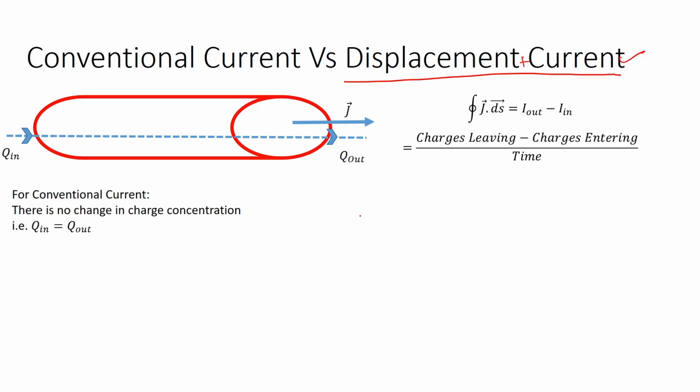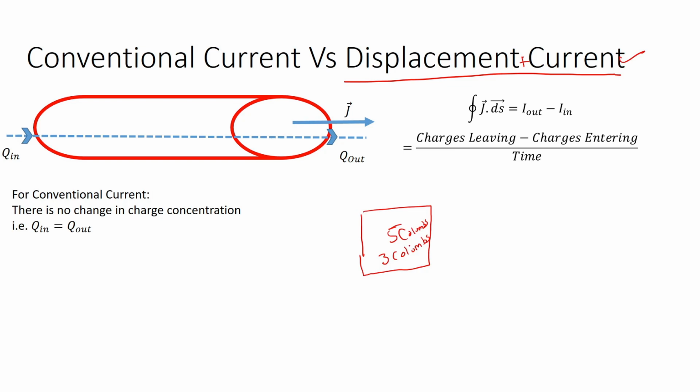You consider a body, and initially there are 5 coulombs of charge inside. Now, for some reason, these charges have gone down and they have come to only 3 coulombs of charge. Let me say, maybe because of electron hole recombination or whatever might be the reason.